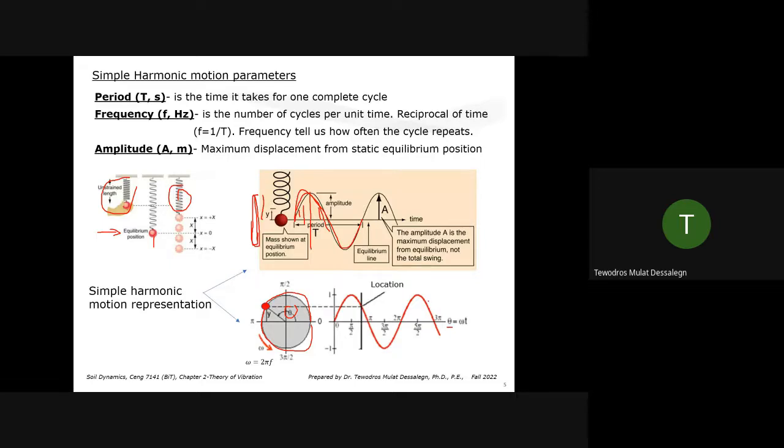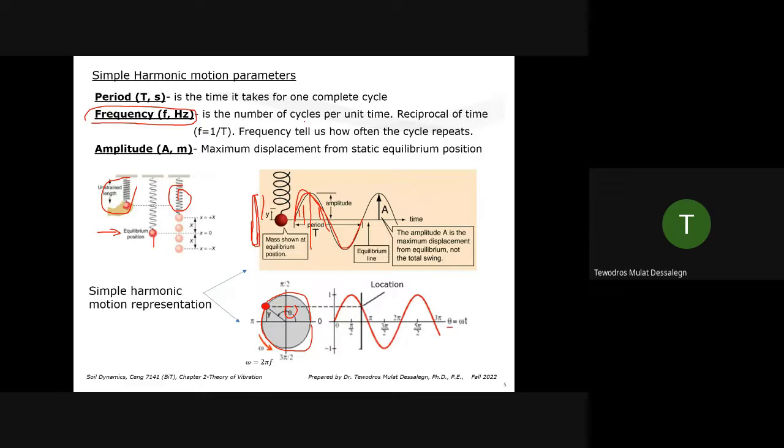So this is a periodic motion or harmonic motion representation. So theta, you know that's omega t, where omega is 2 pi f, which is the angular frequency. And once we define the period, the inverse of the period is what we call frequency. It's another term in simple harmonic motion.